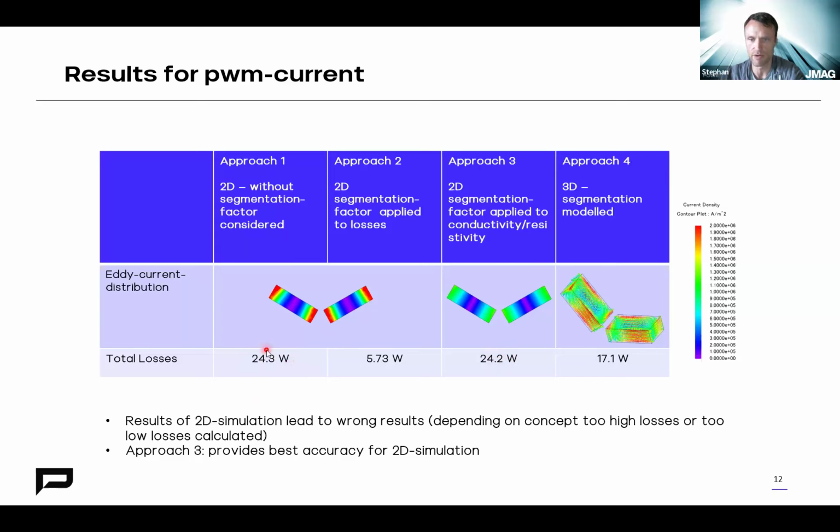It needs to be verified afterwards. I couldn't explain if this would be a real physical relation. Then as a summary, approach 3 shows to have the most accurate results for the 2D simulation compared to the 3D simulation.